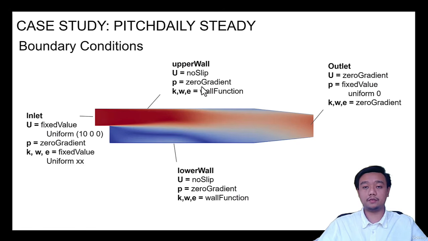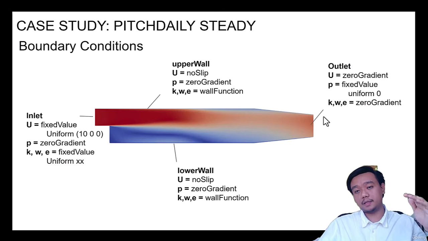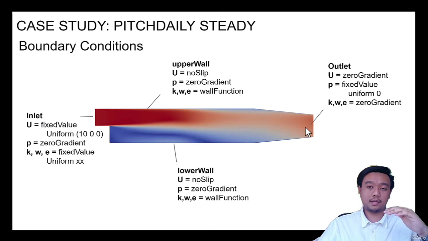Or if you have a turbulent, unsteady flow, the velocity distribution here will not be constant, so we must input zero gradient. Let's say the top part of the outlet will have high velocity, and the bottom part will have low velocity. It will not be constant.